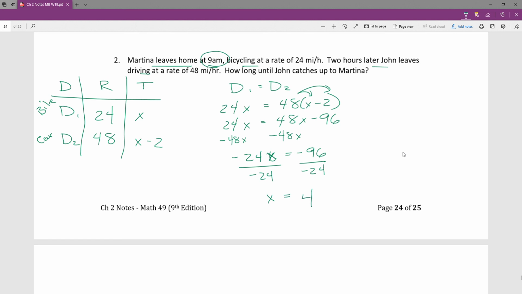And I get 4. So again, that tells me that in 4 hours, or at 1 p.m., because that's 4 hours after 9, Martina, sorry, no, it's John will catch Martina.